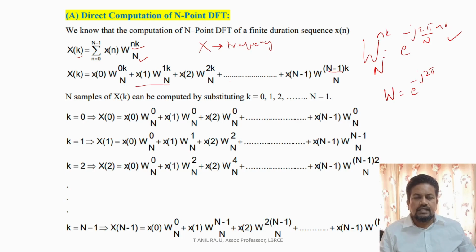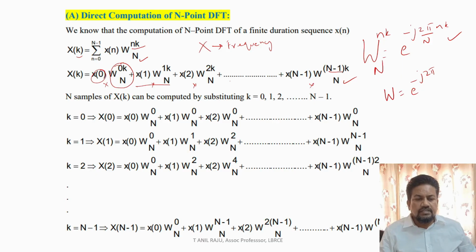So this is the expansion of the above formula, that means X of k will have this expansion. In it, the W term is complex and x of n is a real value, and the operation between x of n and W of nk is a multiplication, and here also multiplication, and here also multiplication.